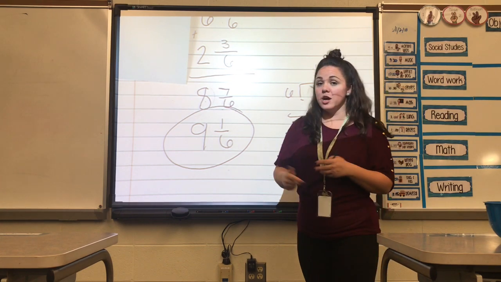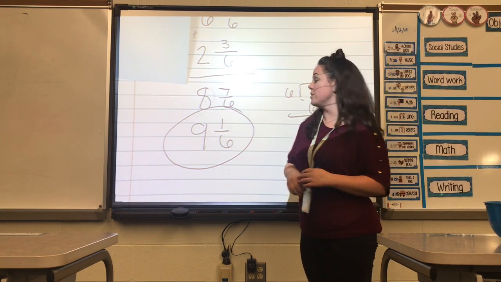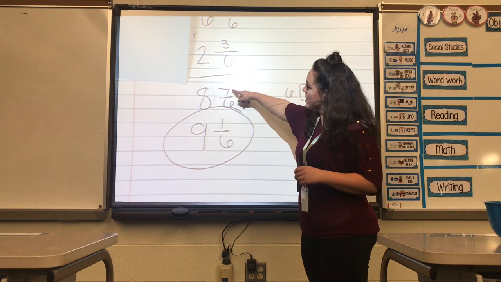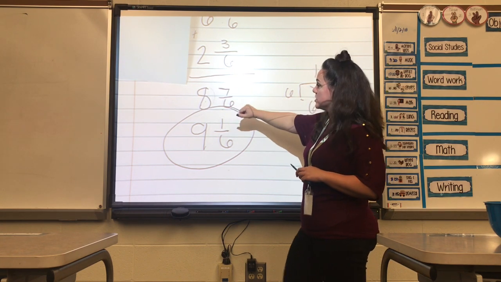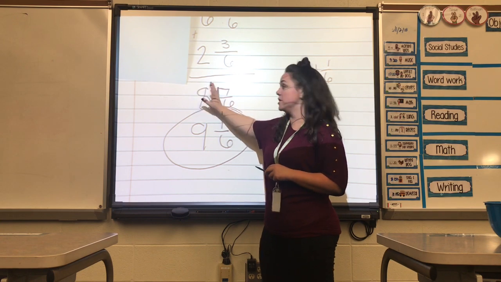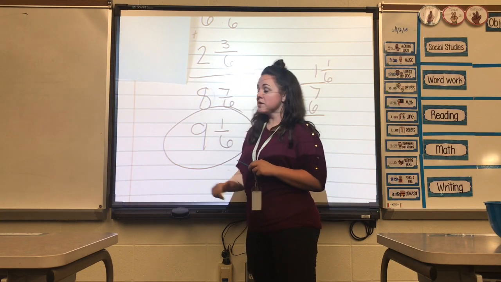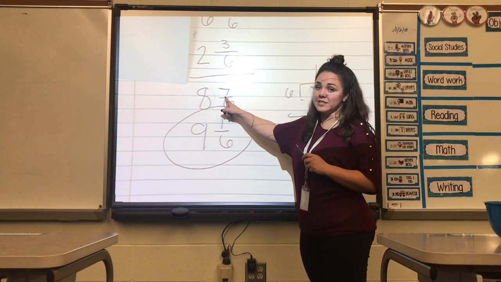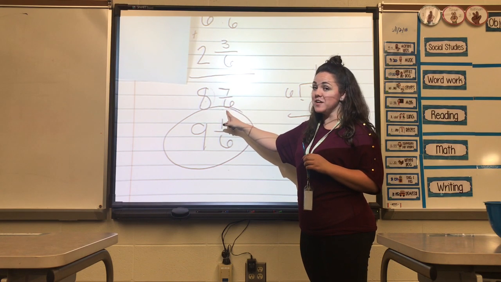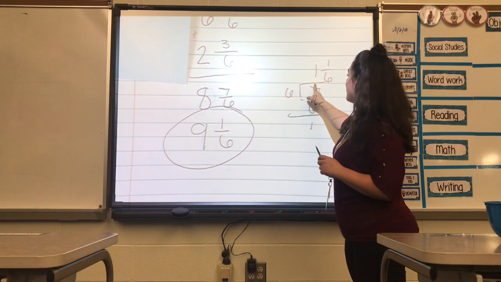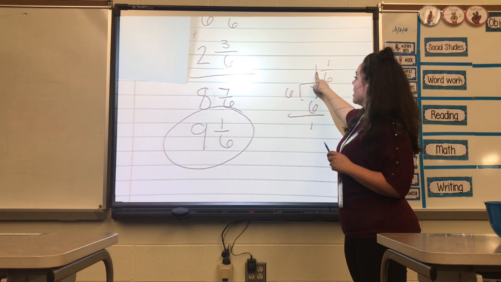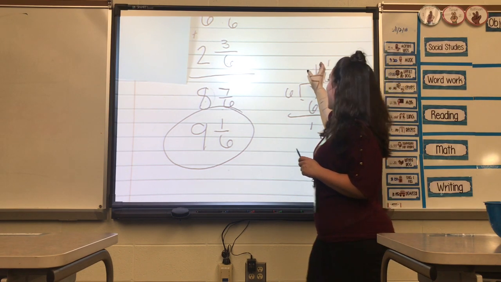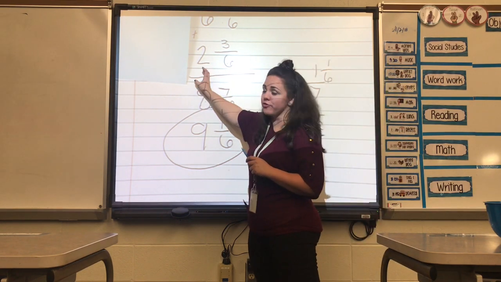However, later on in the year, a lot of students will refer back to this video. We know that we cannot keep it like this. So what I explain to the students is you have 8 full pizzas in the fridge. Keep them in the fridge. But now you have 7 pizza slices, and only 6 fit in a box. So when we divide, we find out, okay, I'm going to need another full box. So now I'm going to add that full box to my fridge.